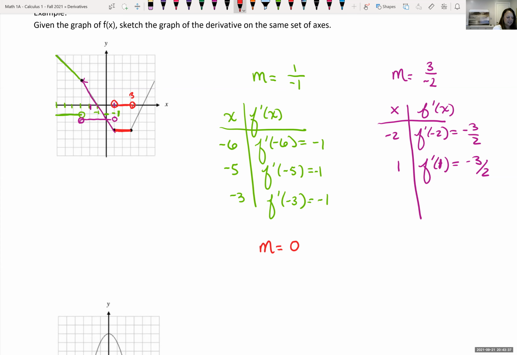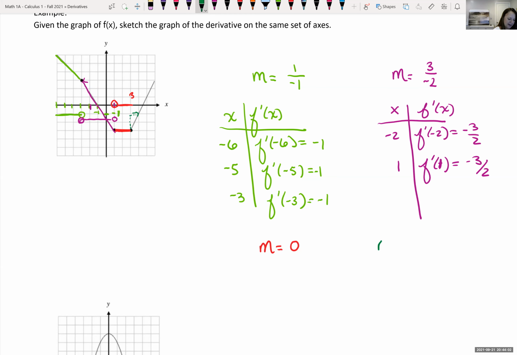And then the last piece of the graph, again, I have a line, so I want to figure out what that slope is. If I look at that slope, again, rise over run, let's see, looks like I'm rising up 2 and running over 1.